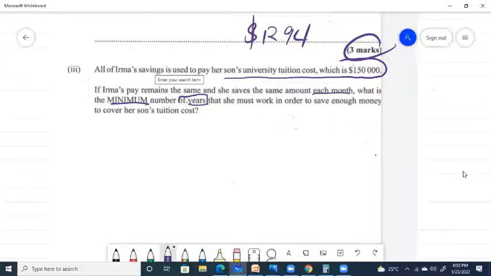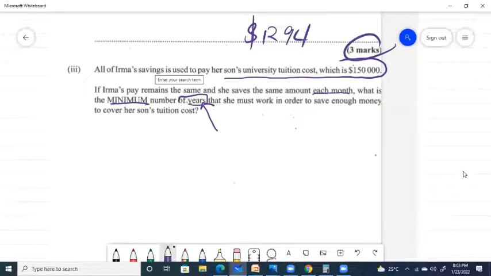by 26. Because remember, 26 times it will happen. Exactly. So you want to know the yearly savings, because we're dealing with a year thing. So we want to know how much she saves a year.